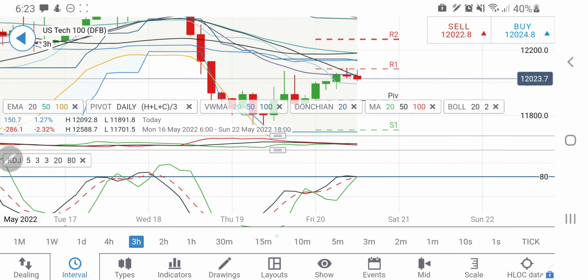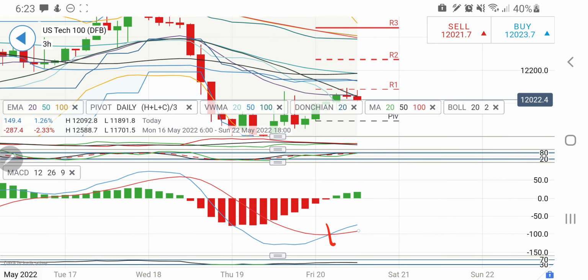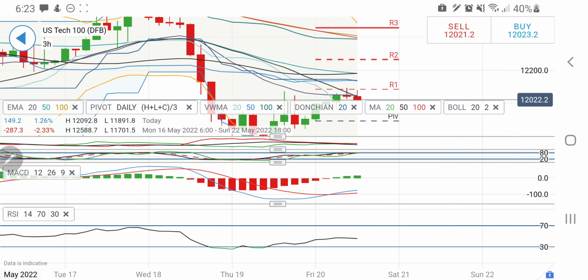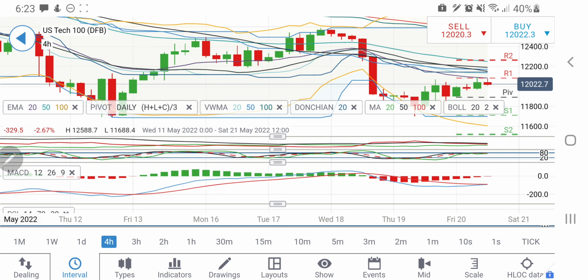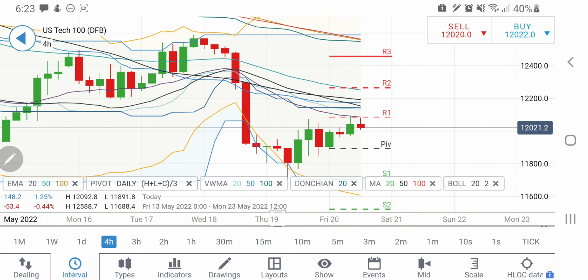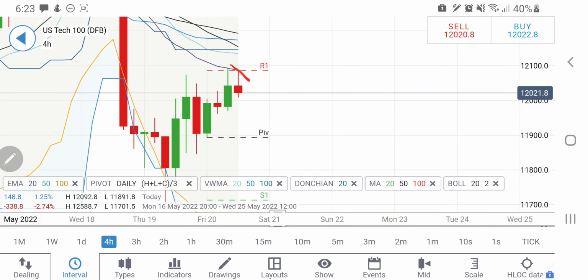The stochastic is overbought here on the 3-hour charts. The MACD has crossed over and it is wide divergent and it is still bullish. The RSI is near to bottom there, and if you look at the 4-hour charts, you will find that lower highs are being done here, and yes, till the time it does not break this zone at 11,970, I will not recommend you to go short.